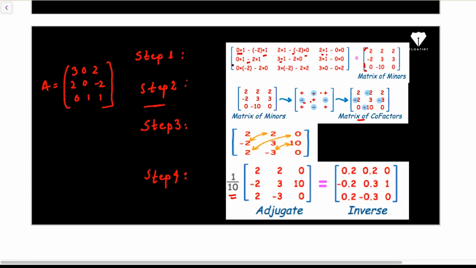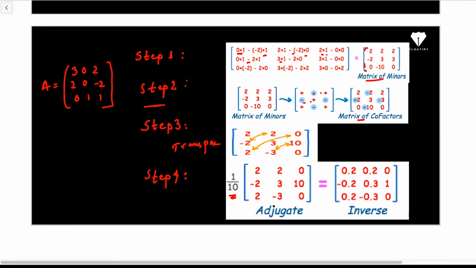So what were the steps? Step 1, you have the matrix of minors, which you calculated by taking all elements and freezing, drawing one line over the row and column. You get the matrix of minors, and then you multiply it with the signs. You get the matrix of cofactors. Then you transpose it. In the end, you divide this transposed value by your determinant.